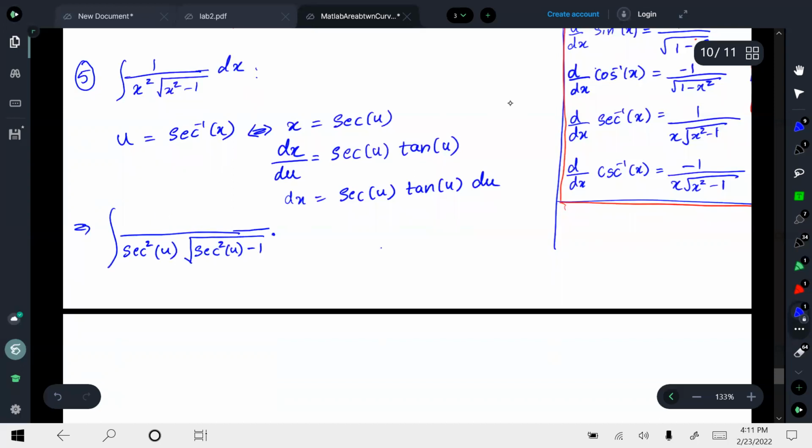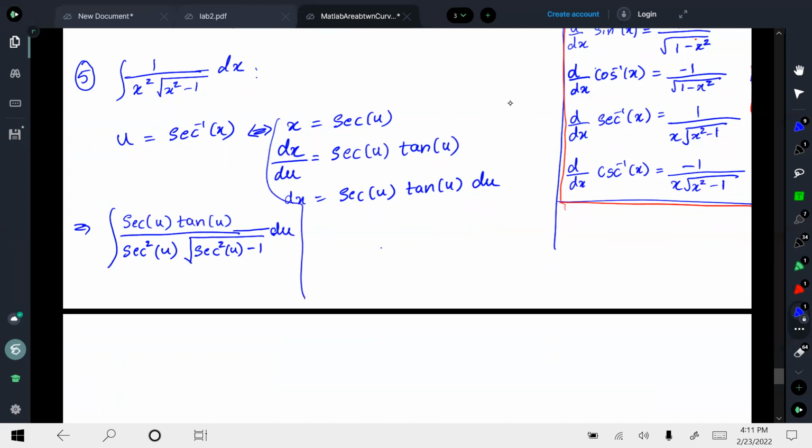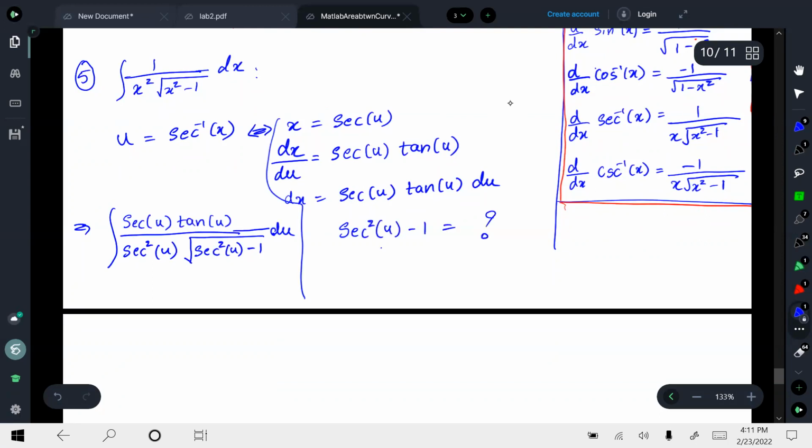I will write dx in the numerator, that is secant u tan u into du. Now I have an identity that I can use here. Secant squared u minus 1 is equal to what?